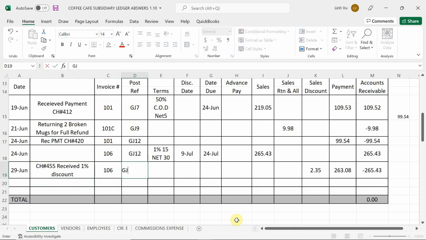All right, we're still on General Journal 20. The discount was for $2.35. The payment was $263.08, which gave you a total of $265.43, leaving you with Katie owing you nothing.